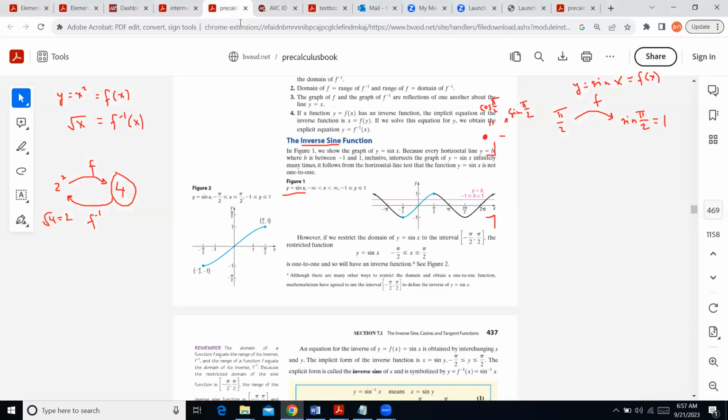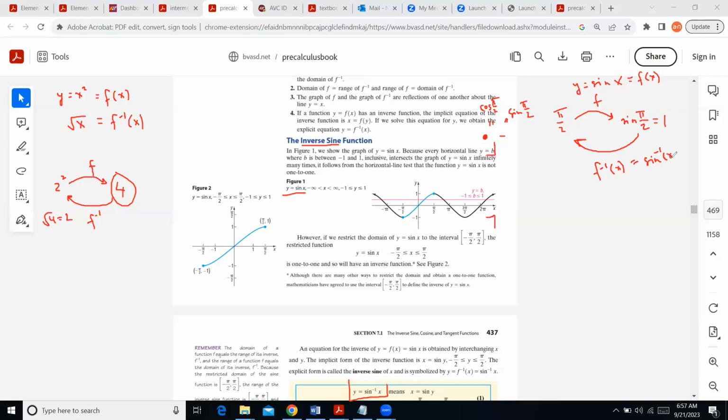Where is this? Here. So if I want to find the inverse, then I need to start with 1 and go back to pi over 2, and that function is called arcsine, or sine inverse, like sine to the power of -1 of x.